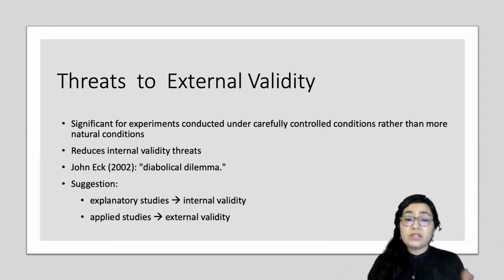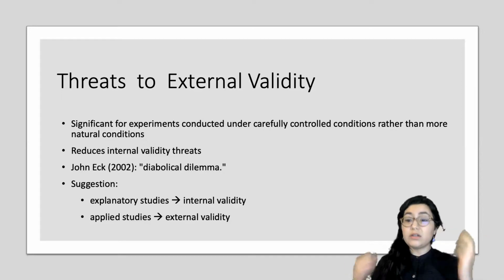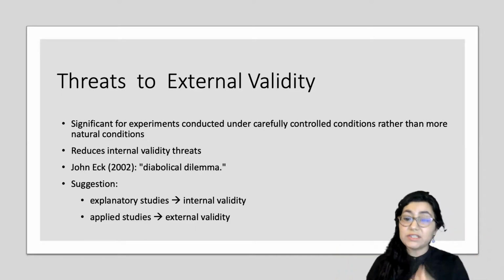It's good for explanatory studies that are exploring a sense of things to have good internal validity, whereas with applied studies we want better external validity because we want those things in application.